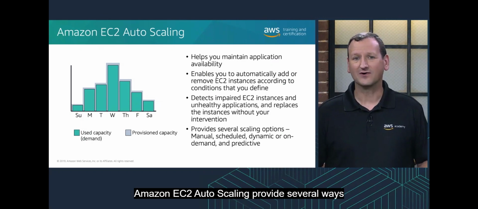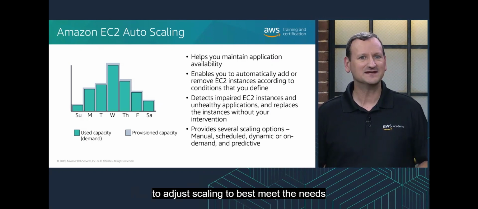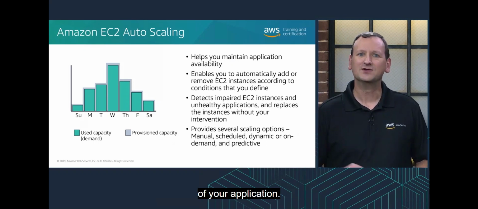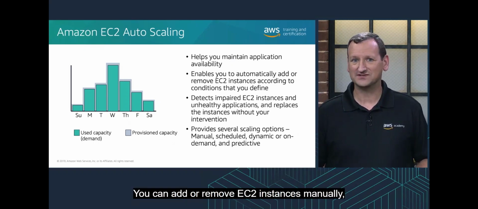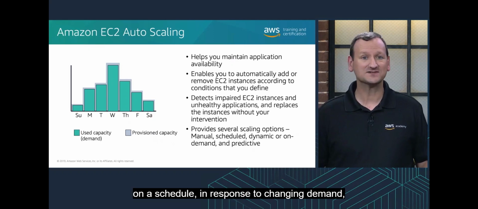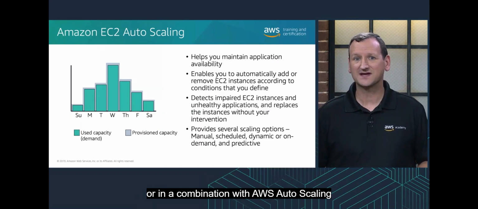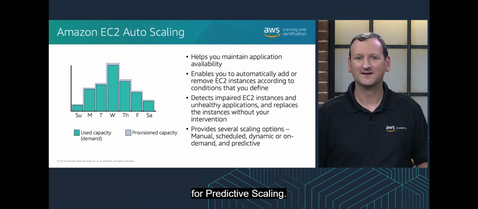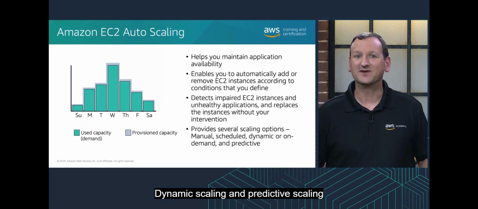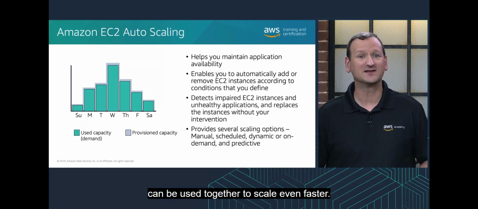Amazon EC2 Auto Scaling provides several ways to adjust scaling to best meet the needs of your application. You can add or remove EC2 instances manually, on a schedule, in response to changing demand, or in combination with AWS Auto Scaling for predictive scaling. Dynamic scaling and predictive scaling can be used together to scale even faster.